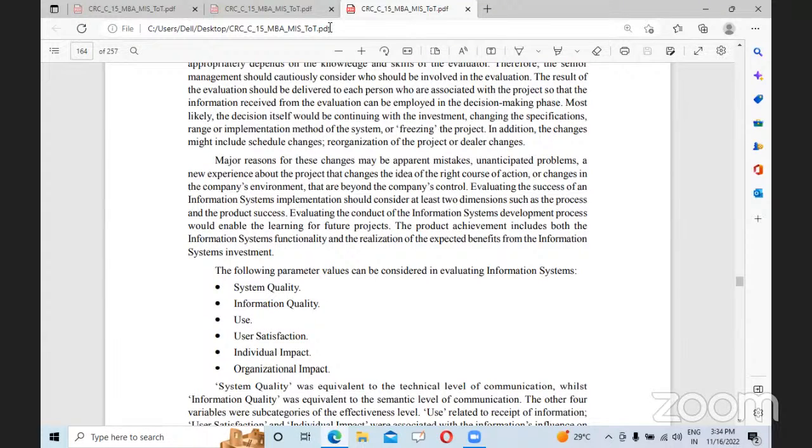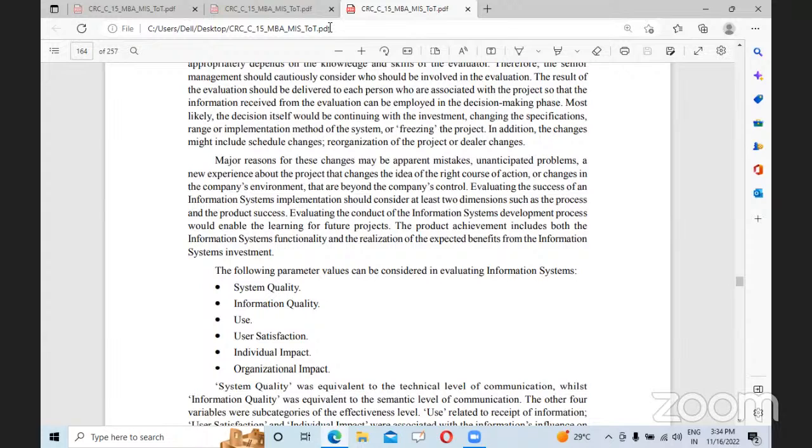Major reasons for these changes may be apparent mistakes, unanticipated problems, a new experience about the project that changes the idea of the right course of action, or changes in the company's environment that are beyond the company's control. Evaluating the success of an information system implementation should consider at least two dimensions, such as the process and the product success. Evaluating the conduct of the information systems development process would enable learning for future projects.